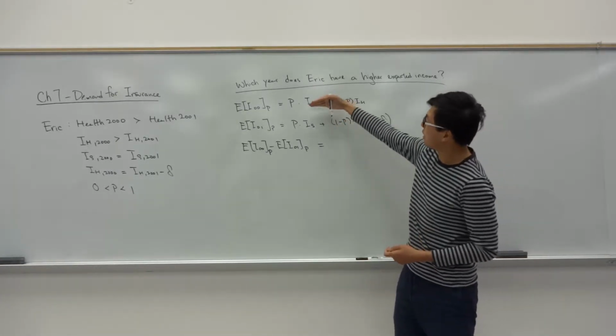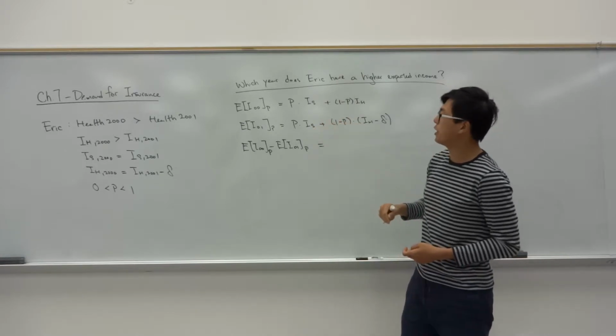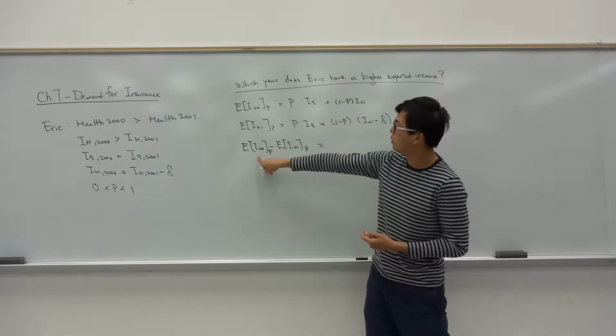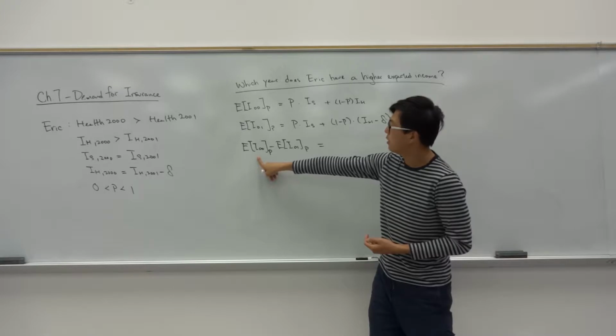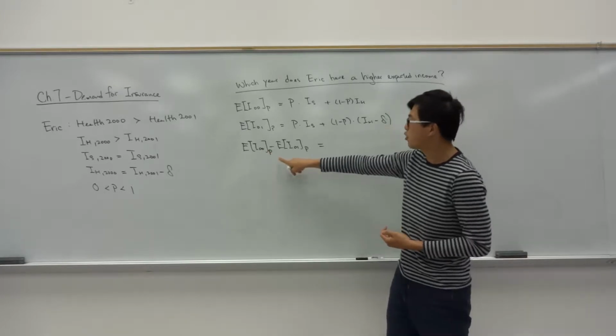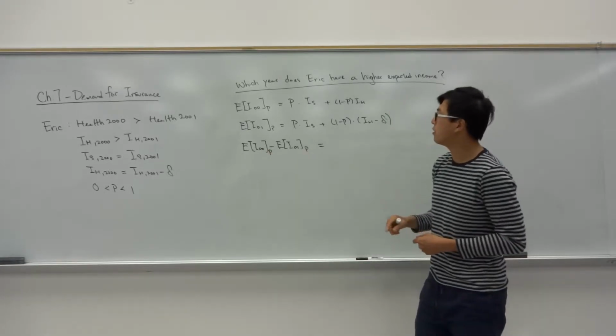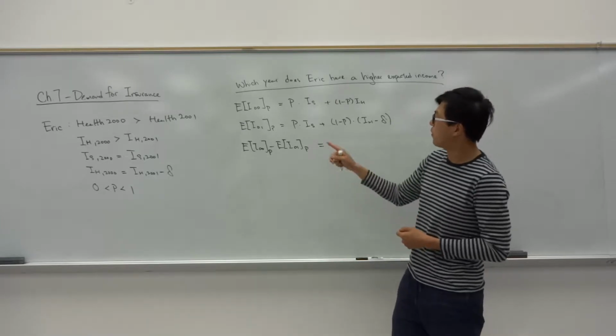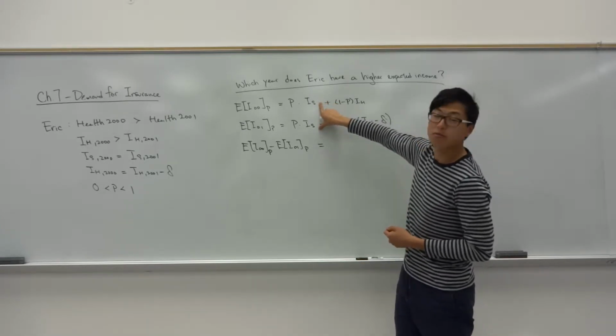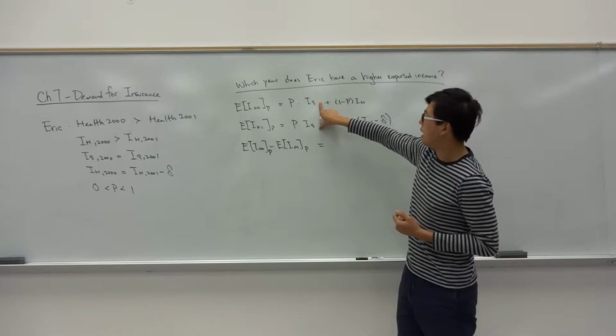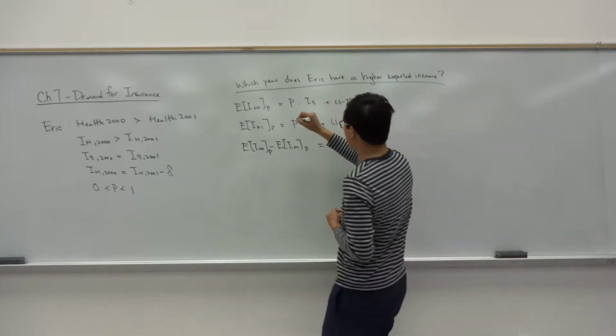So I can look at these two equations to find out the expected income in the year 2000 minus the expected income in 2001. First of all, we have two terms which are completely the same, so we can cross them out.